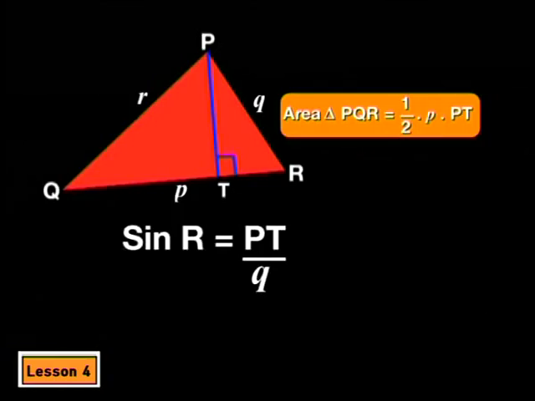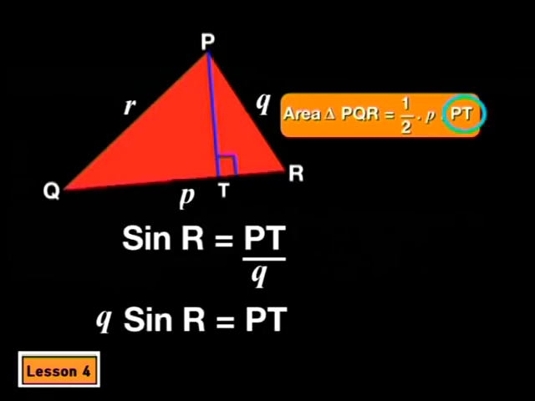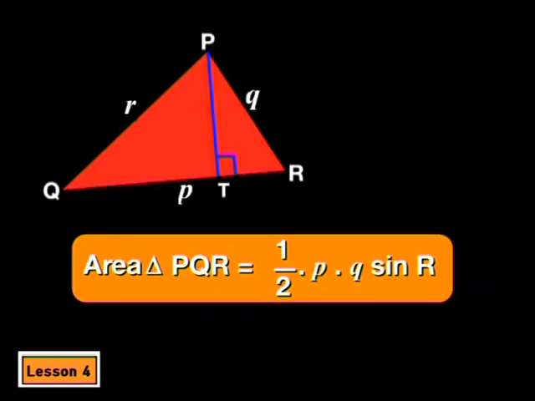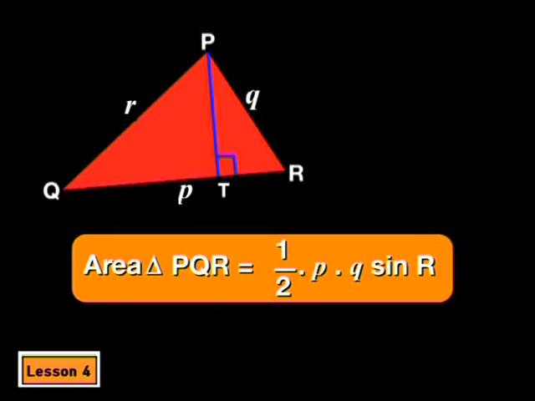If we multiply both sides of this equation by Q, we'll get PT equal to Q times the sine of angle R. I see where you're going with this. Look, PT is in the area equation up here and in this equation. So we can put Q sine R into the area equation. And if we substitute what we have for PT into the area equation, we find that the area is half P times Q times sine of angle R.